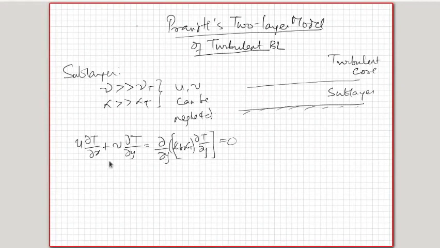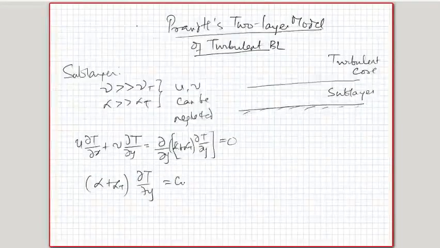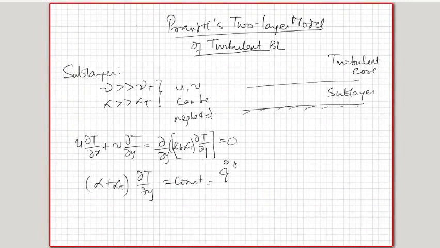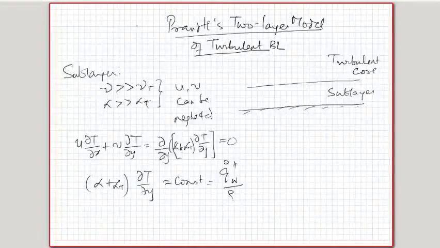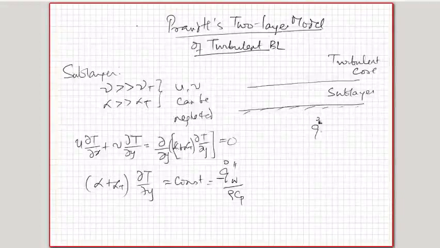Then since this is 0, alpha plus alpha t into del T by del y is approximately a constant with y, and therefore this can be equated to q dot wall divided by rho Cp, with a negative sign, of course, because q dot wall is minus k del T by del y at y equal to 0.